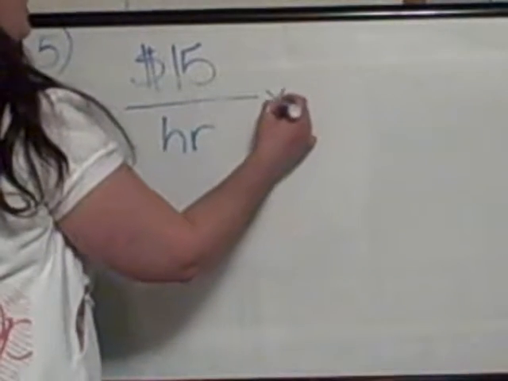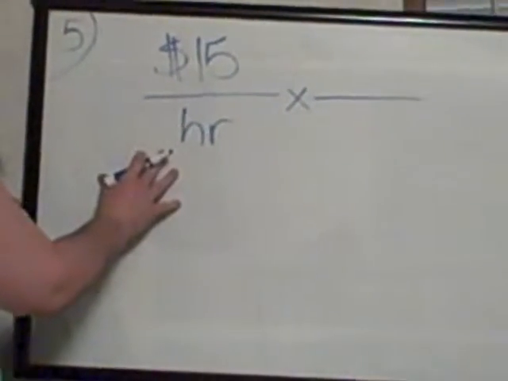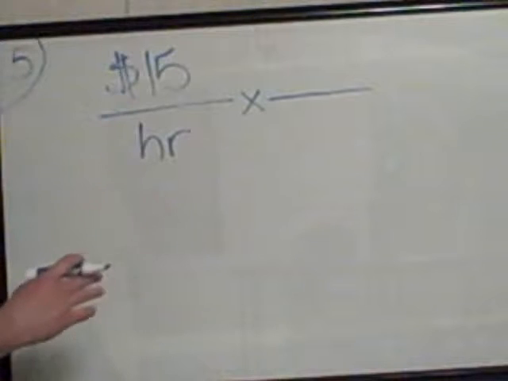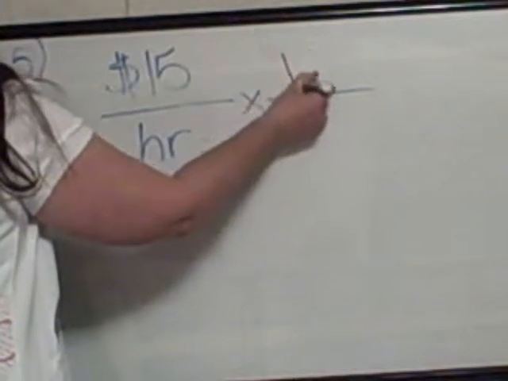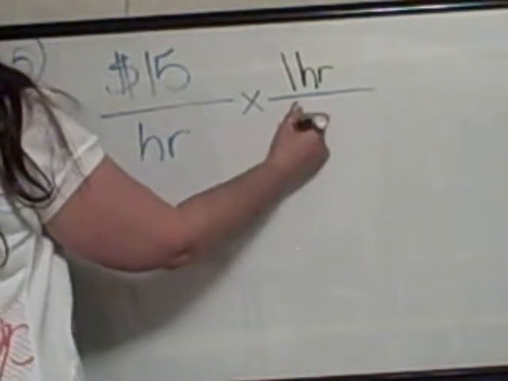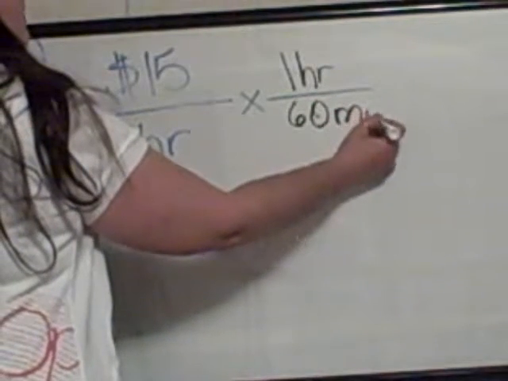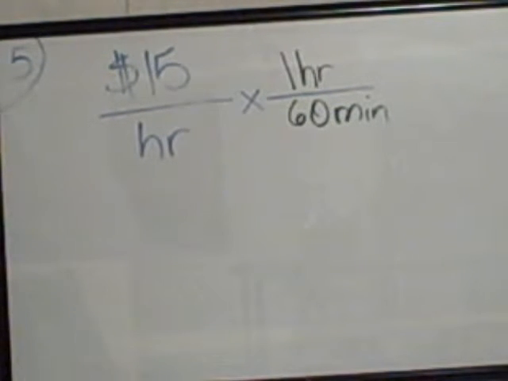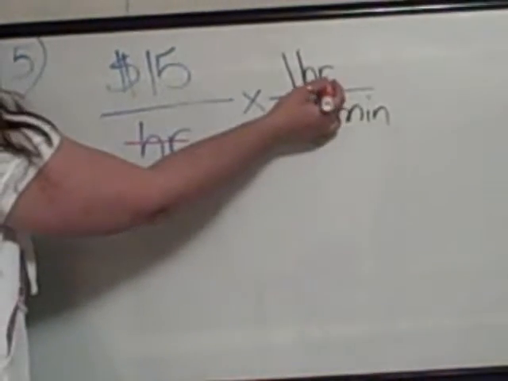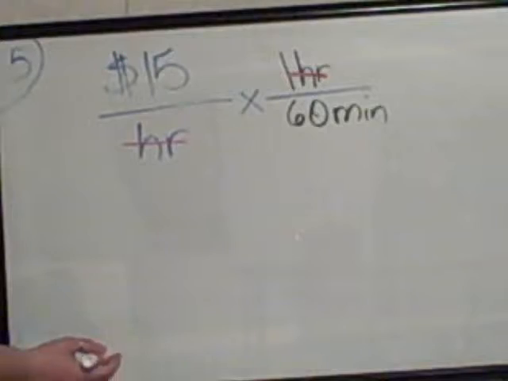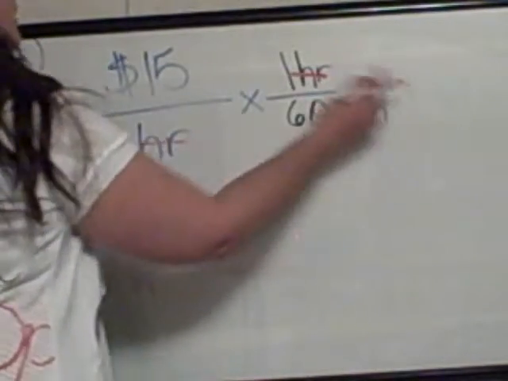And we have to use the unit multiplier to convert the hours into minutes. The unit multiplier that we would use would be 1 hour equals 60 minutes. We would set that unit converter up because we want the hours to go away and we want the minutes to stay. Here, hour cancels hour, and I multiply going across.